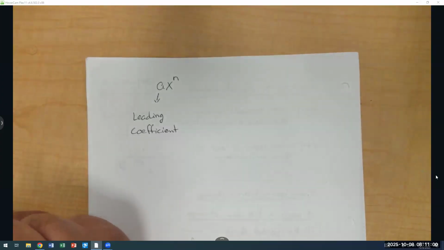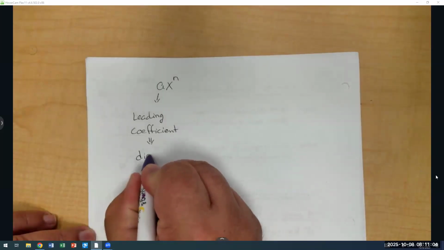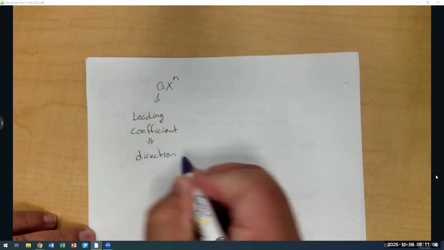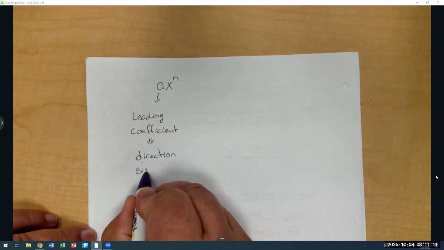It tells us the direction. It tells us the size. By size, I mean whether it's going to be big or skinny.